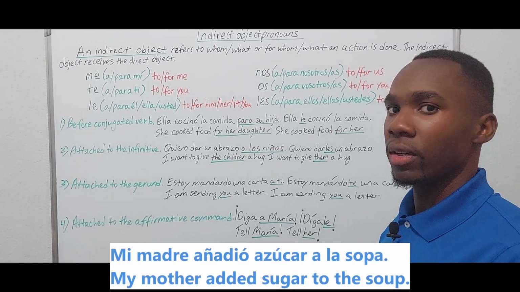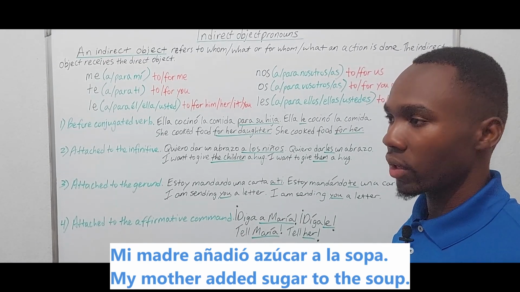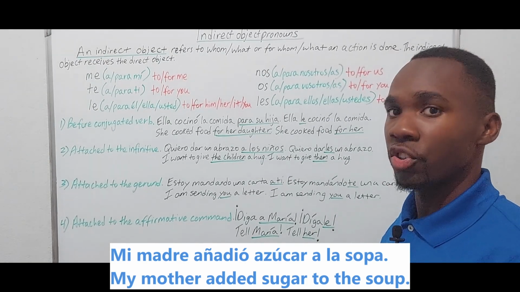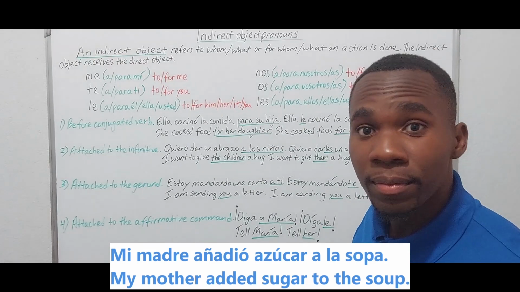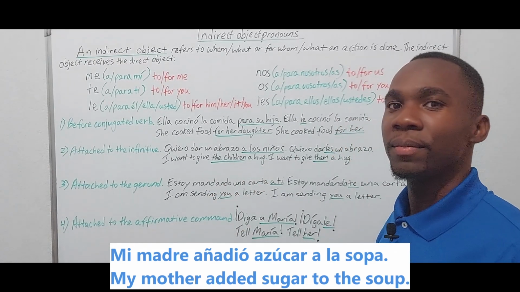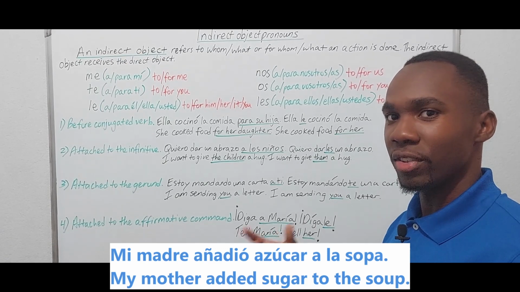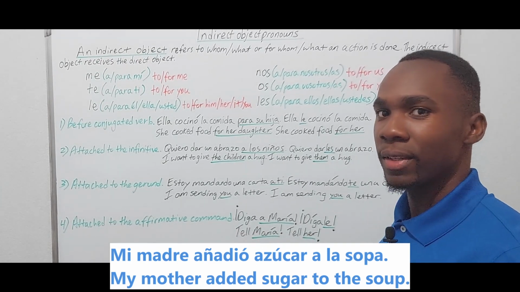My mother added sugar to the soup. So what's our direct object? What did she add? Azúcar, sugar. So that's our direct object. To what? A la sopa. To the soup. So the soup is the recipient. The soup receives the sugar.